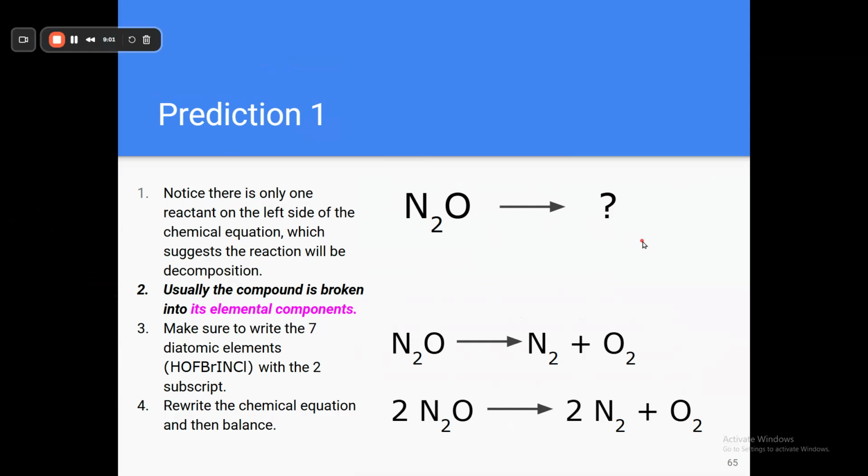So when we look at prediction 1, you've got N2O. In this case, it's going to break out, and you've got 2 different elements, so it makes it easier, breaking into nitrogen and oxygen. Again, break it apart. Remember your Hofbrinkel. You've got to say it out loud 10 times, because if you just put a single N and a single O, then you're incorrect.